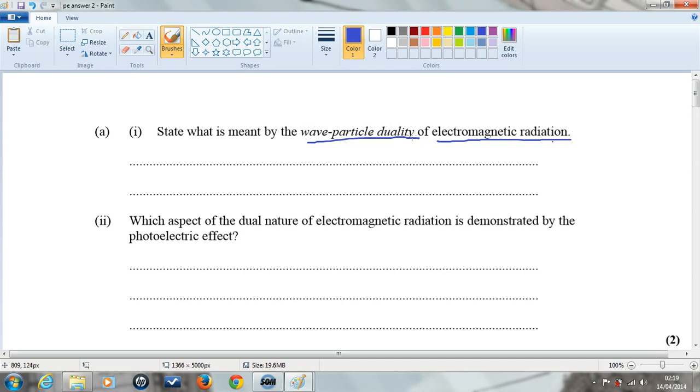Well, the wave-particle duality of EM radiation is simply that electromagnetic, and do not abbreviate this in the exam, radiation can behave as either a wave or a particle. Okay, that is the definition of the wave-particle duality of electromagnetic radiation.